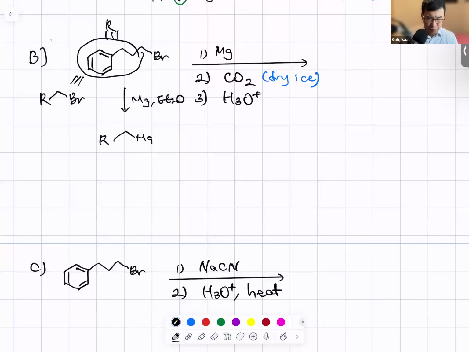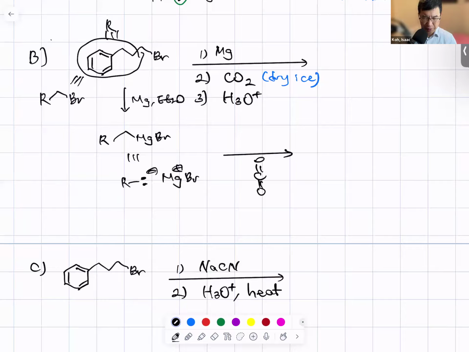Magnesium will be inserted between the carbon and bromine, and we can treat this one as a carbanion and magnesium bromide. And let's treat this one with carbon dioxide.